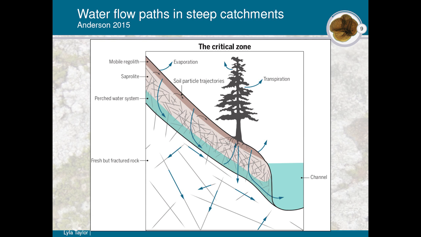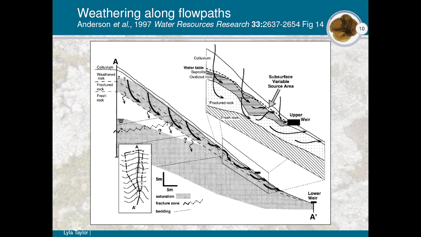So Suzanne Anderson and her colleagues looked at such a steep catchment in great detail back in the 90s, and they elucidated exactly where the water was going with loads of lysimeters and piezometers. This little catchment had been logged. It had conifers growing on it, and then new conifers were planted, I think over a decade before they started these experiments.